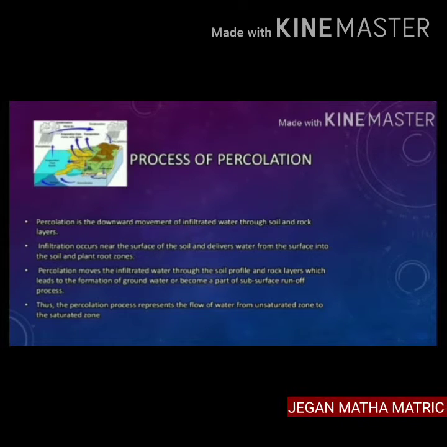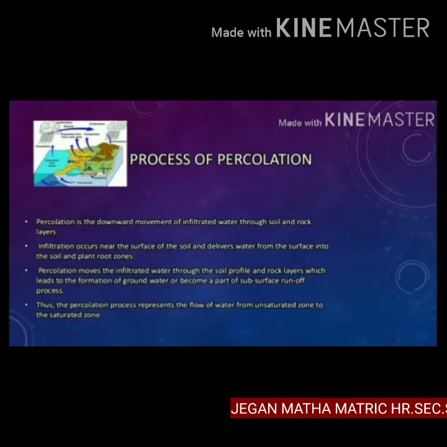Percolation moves the infiltrated water through the soil profile and rock layers, which leads to the formation of groundwater or becomes a part of the subsurface runoff process. Thus the percolation process represents the flow of water from the unsaturated zone to the saturated zone.